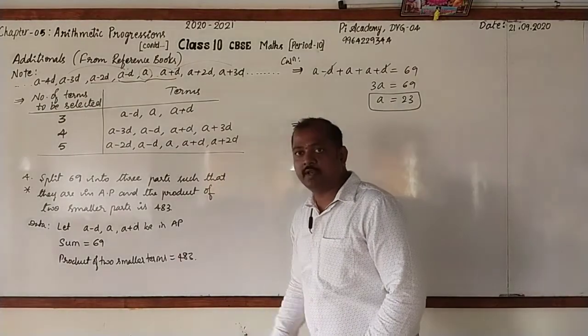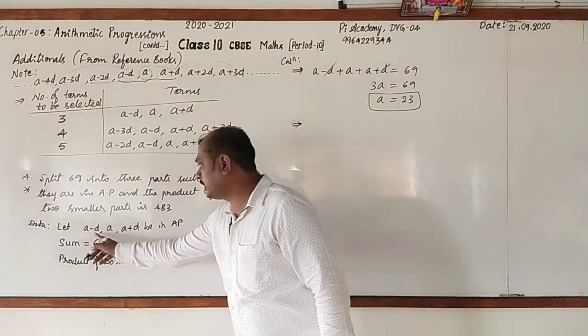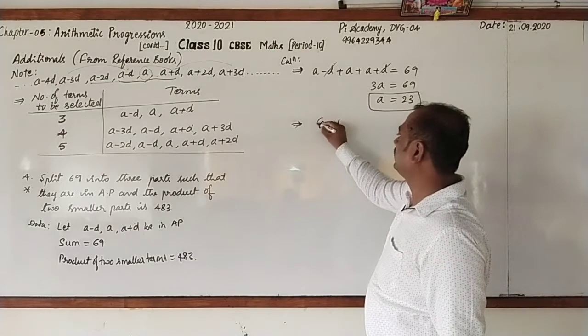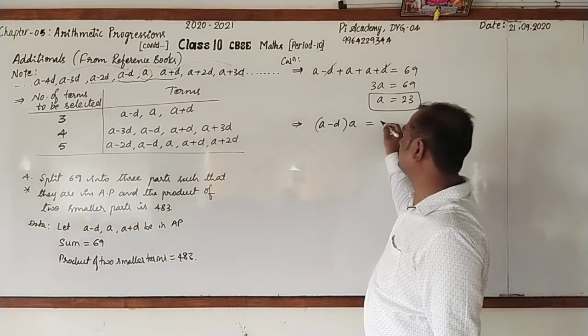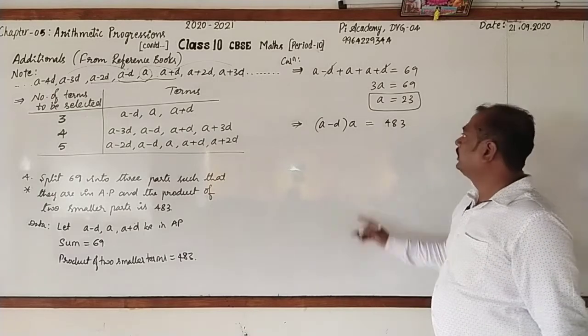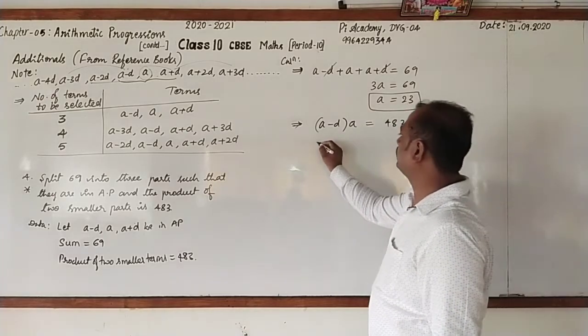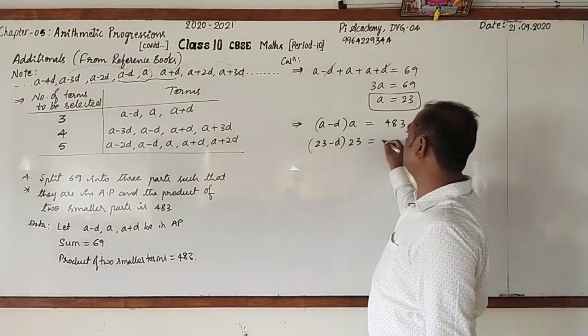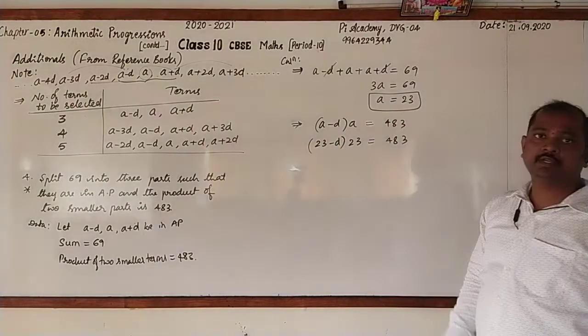Next, the product of 2 smaller terms. The 2 smaller terms are A minus D and A. The product of these 2 is equal to 483. Then what is A? Just now we have found out it is 23. So (23 minus D) into 23 is equal to 483.